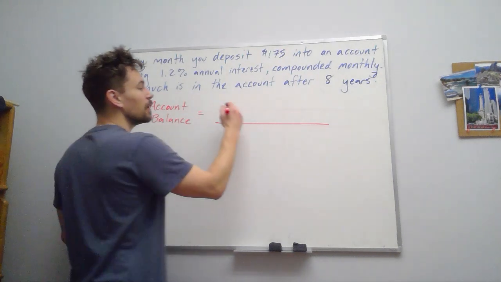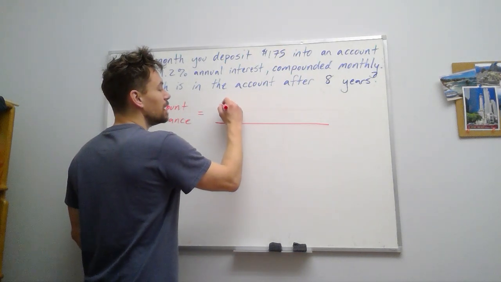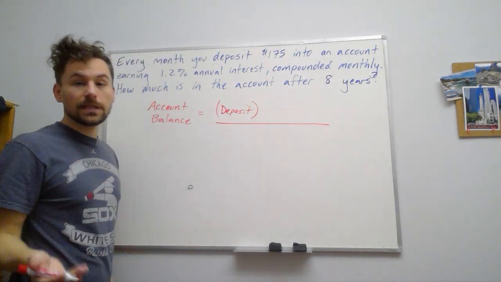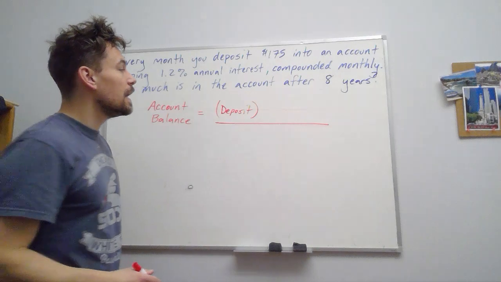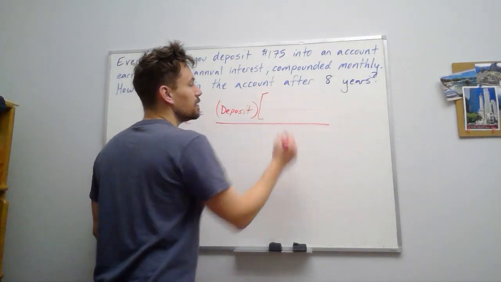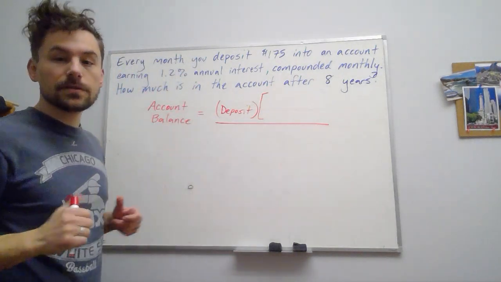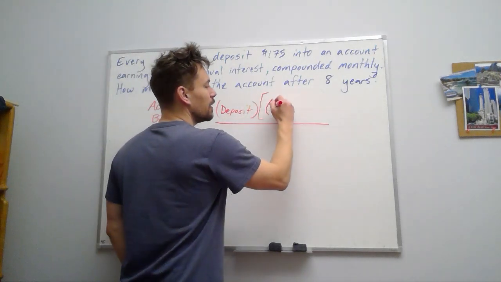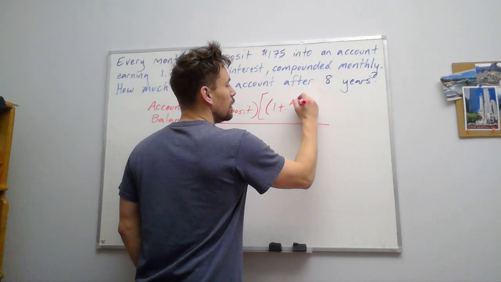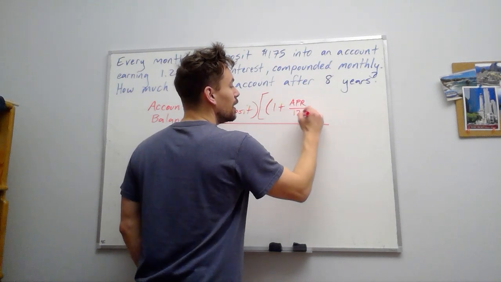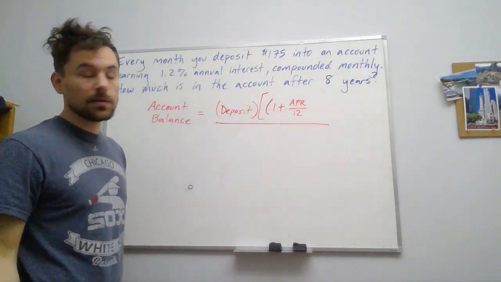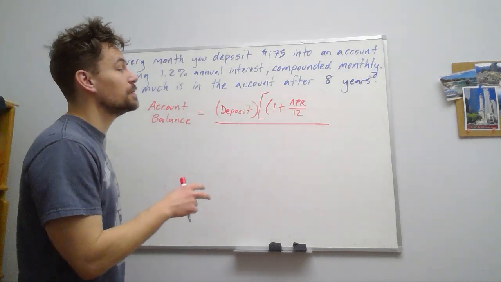In the top, we're going to have our deposit, meaning our regularly deposited amount. And then I'm going to use brackets here just to denote that a couple of things are happening, because inside of here we'll have some parentheses. So inside of here we've got 1 plus APR over 12, and it's over 12 because we're dealing with monthly compounds.